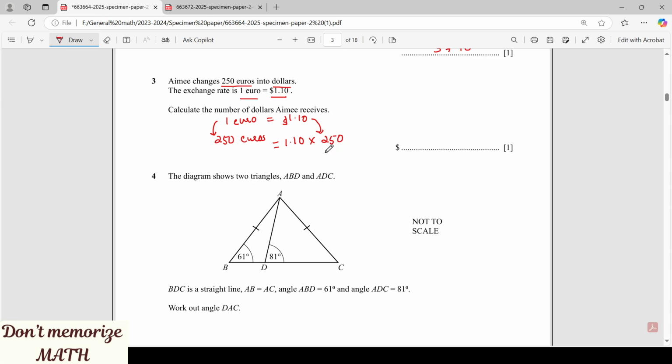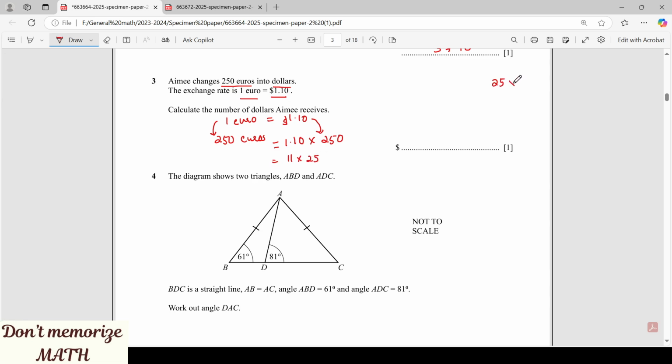Multiplication of decimals, as I previously said, you can multiply the numbers first. Here the number is 250 itself. Or you can split it like this: this 0 you can multiply here, so it will become 11 times 25.